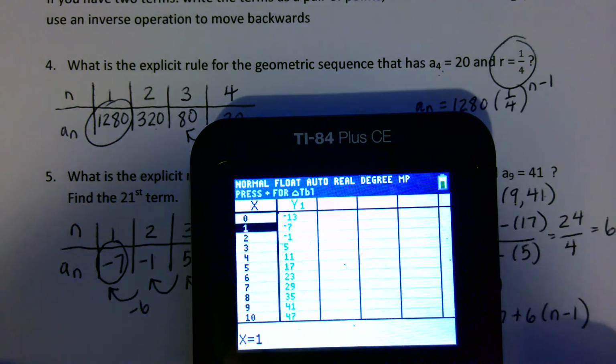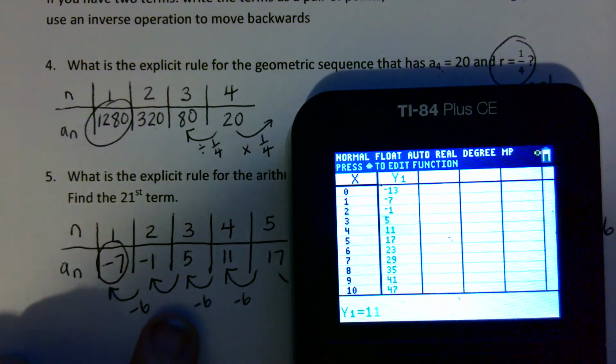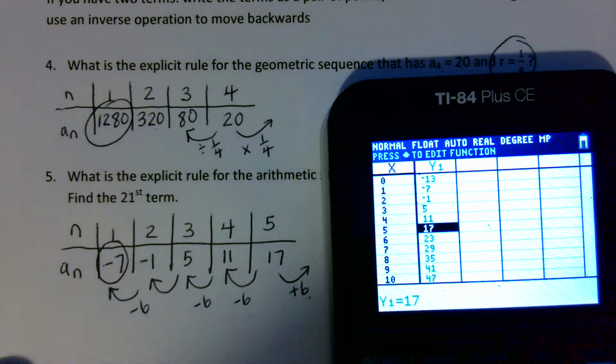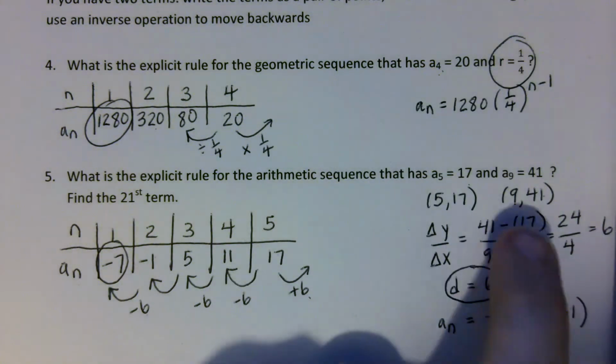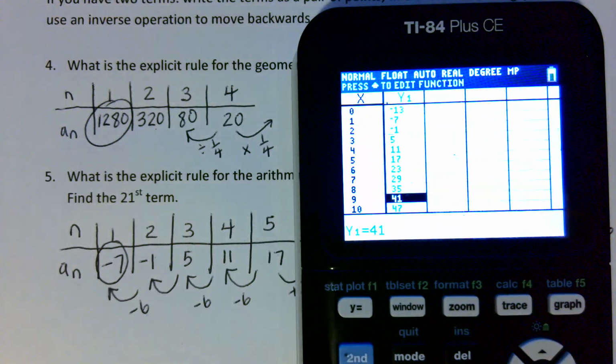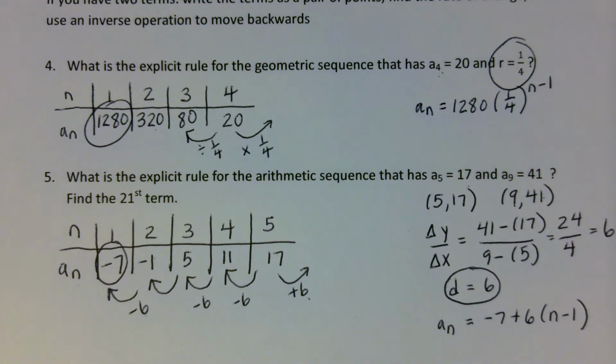When x is 2, y is -1. And the third value would be 5. The next one would be 11. And the fifth one would be 17. And let's make sure that the ninth one would be 41. And that is also true. So I know that my rule is correct.